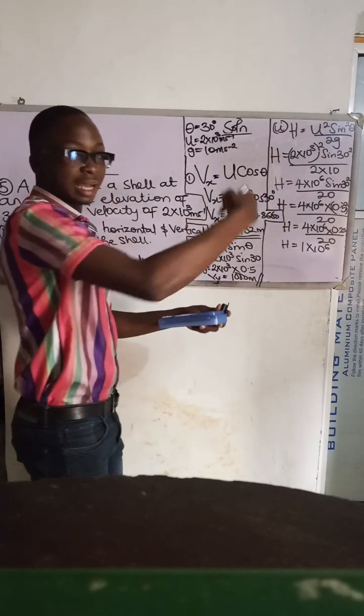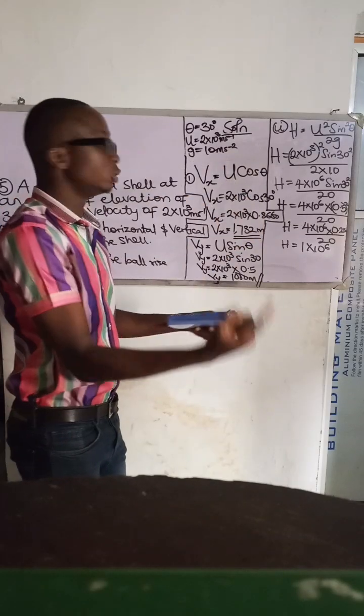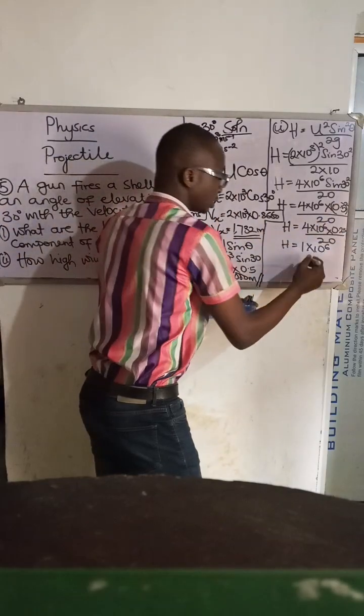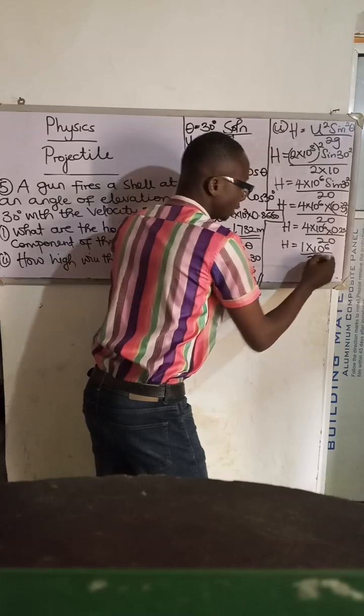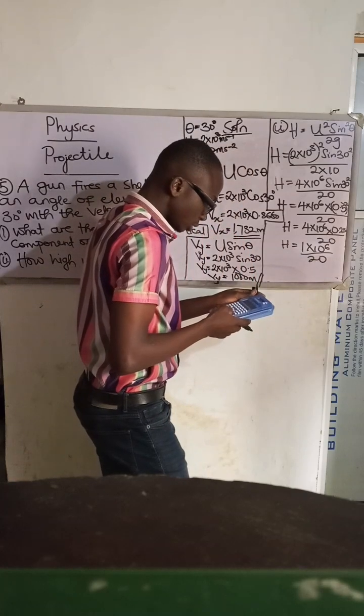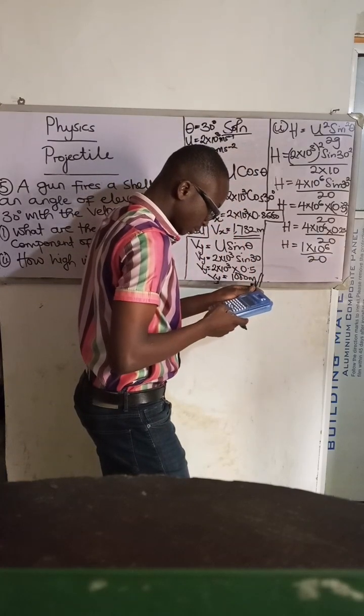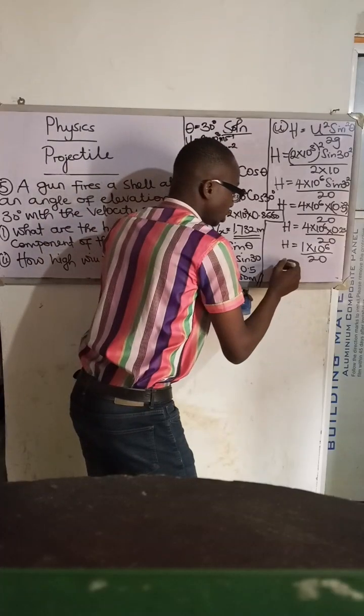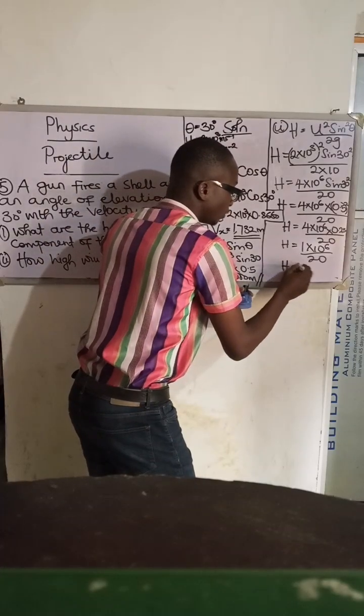Then all over 20. So 1 million divided by 20, you have 50,000. So here you have h is equal to 50,000.